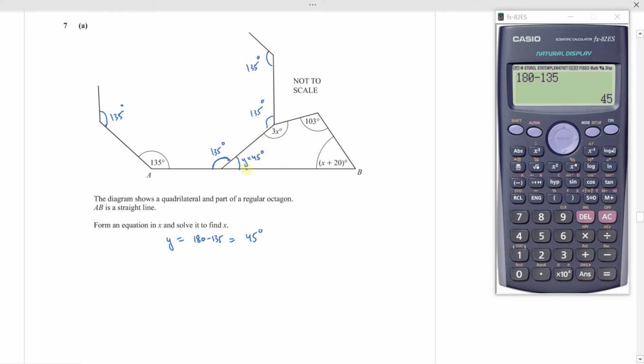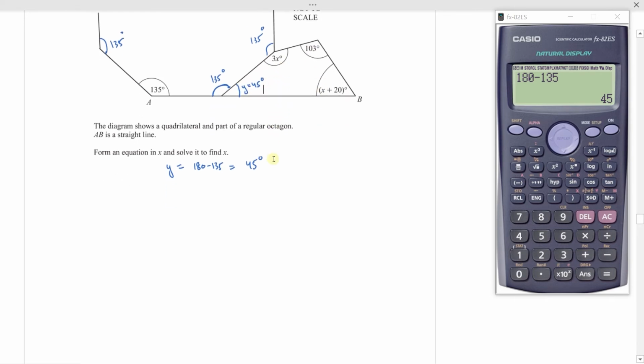And now I know all four angles of this quadrilateral, so their sum should be equal to 360. So let's start with this one: 3x plus 103 plus x plus 20 plus 45 should equal 360 degrees.